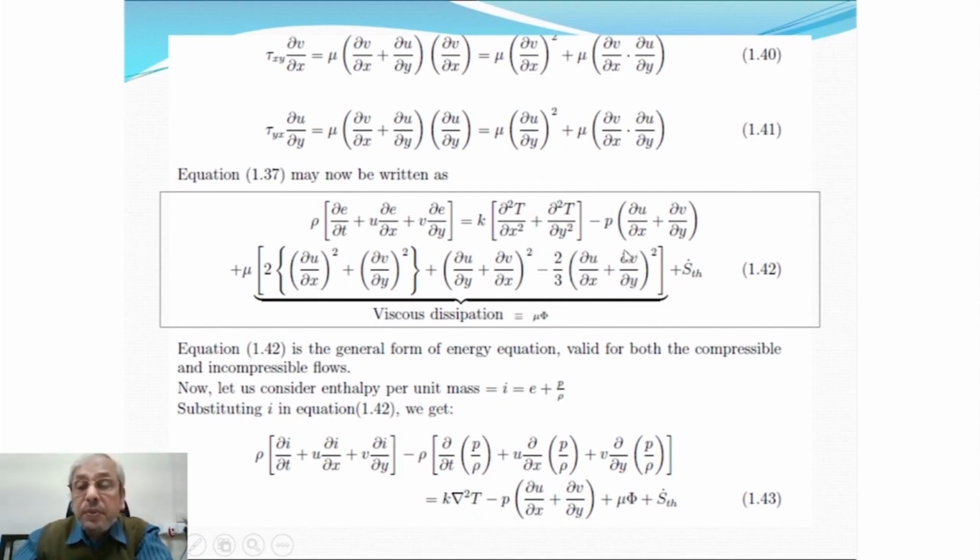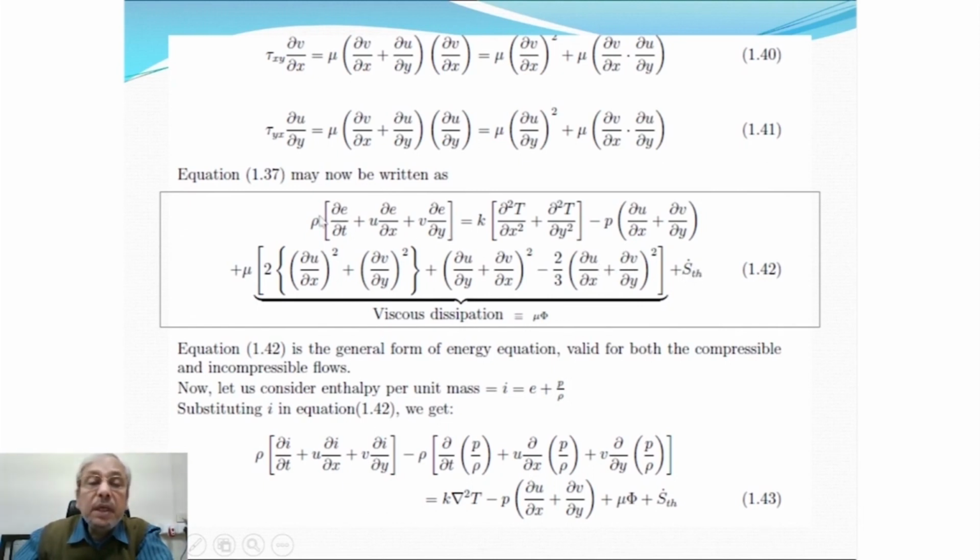So the viscous dissipation terms for compressible flow and incompressible flow are different. This is the complete viscous dissipation term. If we invoke the continuity equation for incompressible flows, we can drop this. So this will then be the viscous dissipation for incompressible flows. This term will be dropped, plus thermal energy generation.